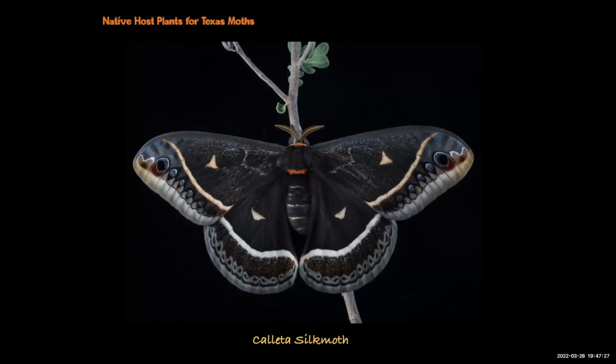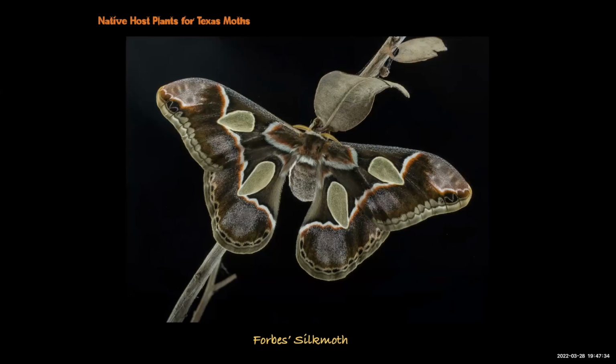The Coletta silk moth, which uses the Sanito. The Forbes silk moth, and those 4 light green patches you see are actually translucent patches in the wings. And this is really more of a South Texas moth.